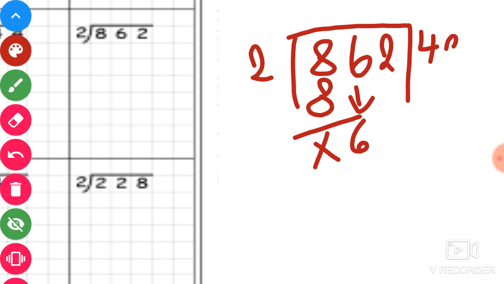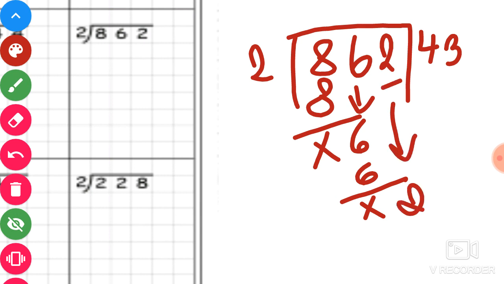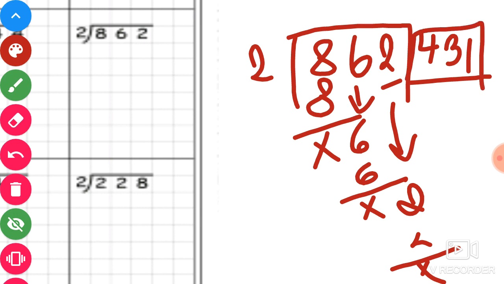Yes. 3 times. Now we have to carry down this 2. Now क्या 2 के टेबल में 2 आता है? हाँ, 1 times है ना. So our answer is 431.